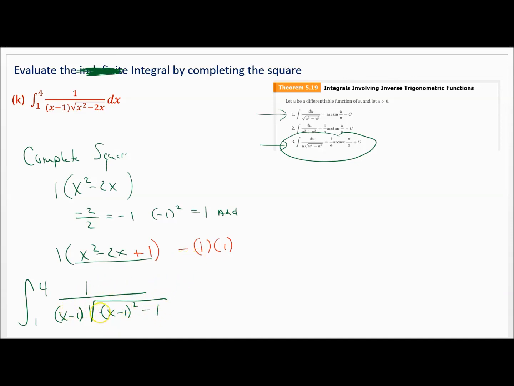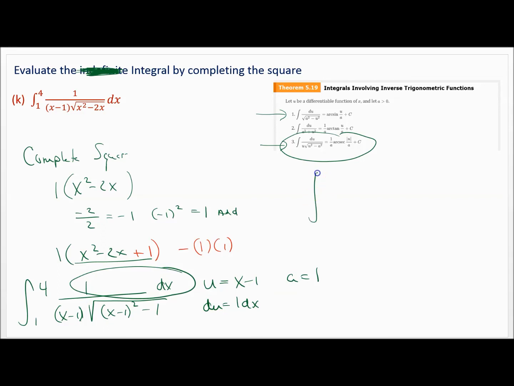Now, this suddenly looks just like your number 3, your arcsecant problem. So I'm going to let u equal x minus 1, whereas a is equal to the square root of 1, which is 1. Don't forget to find du, which is 1 dx. Notice I forgot to write the dx, but we do have a 1 dx. We don't have to fix anything.